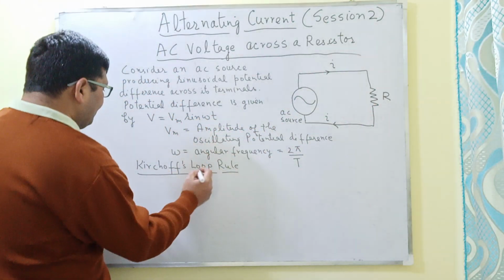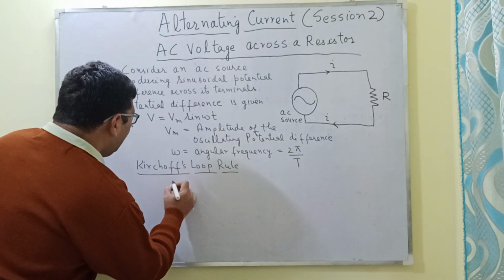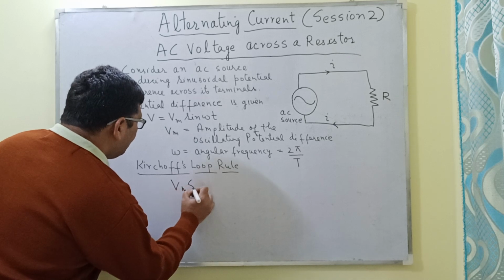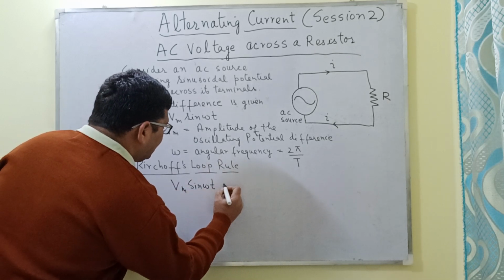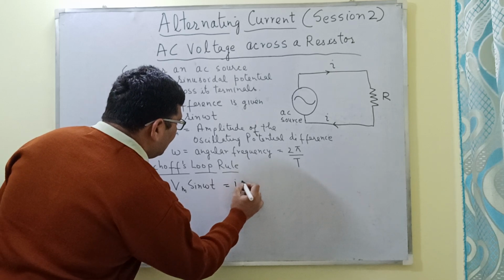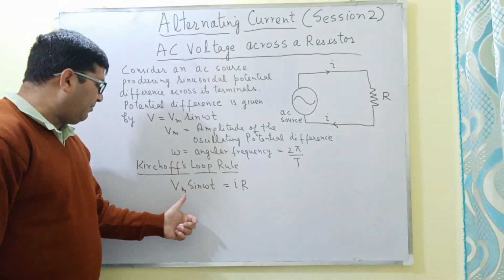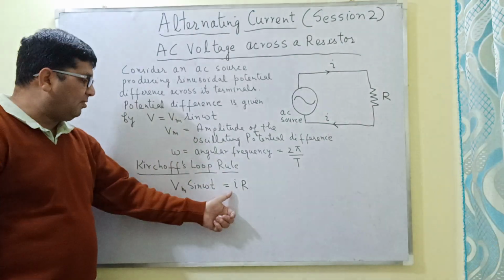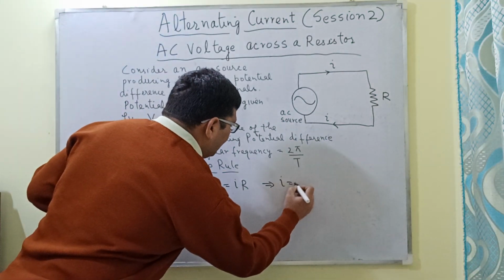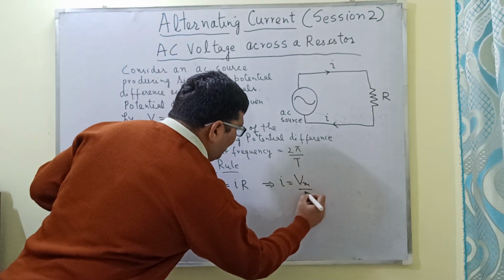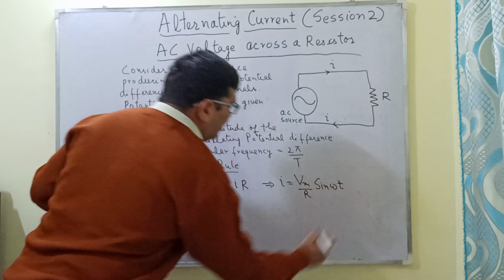So the potential difference V, that is Vm sin omega t, will be equal to IR, or we can simply say that I will be equal to Vm upon R sin omega t.